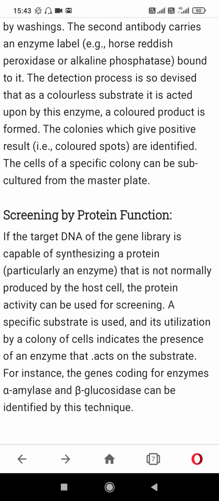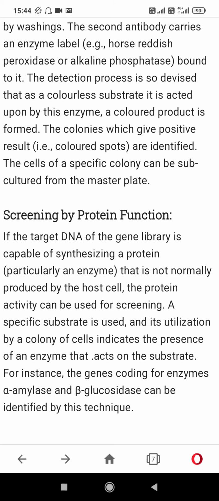Again I repeat, if the target DNA of the gene library is capable of synthesizing a protein, maybe an enzyme, which is not normally produced by the host cell, then the protein activity can be used for screening.